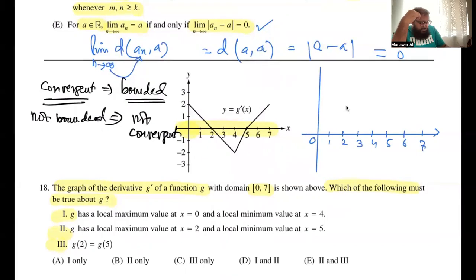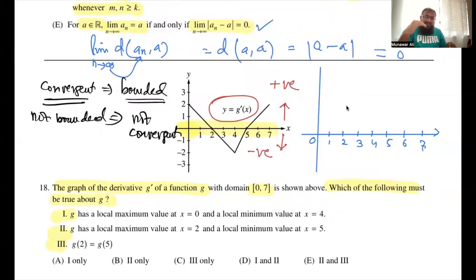Let me tell you one thing: this is the graph of g prime. When the graph is above the x-axis, there's a positive slope. And when the graph is below the x-axis, there is a negative slope. It means on the above side, the function is increasing, and on the below side, the function is decreasing.